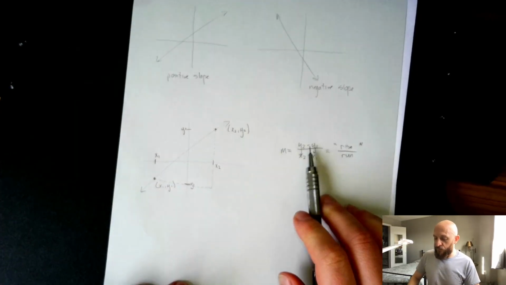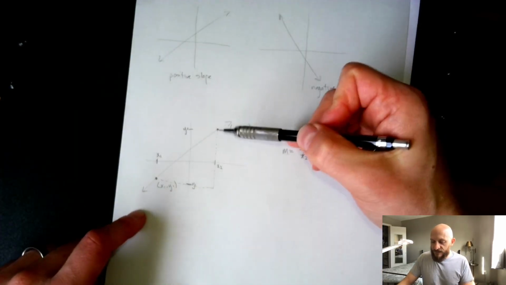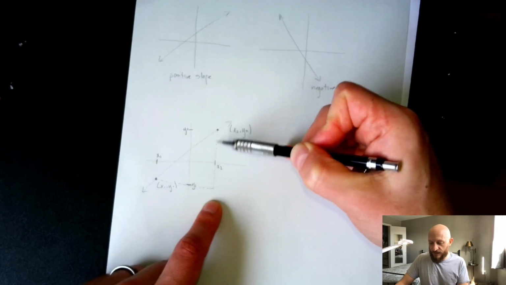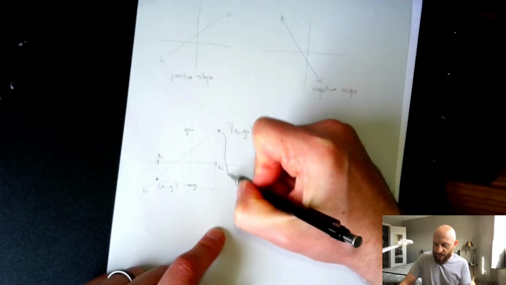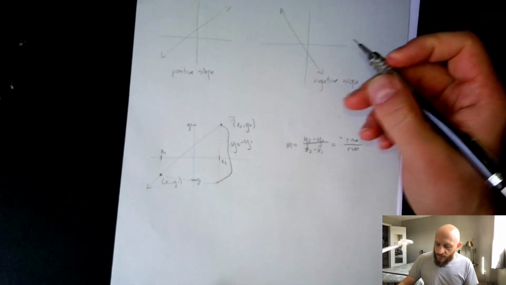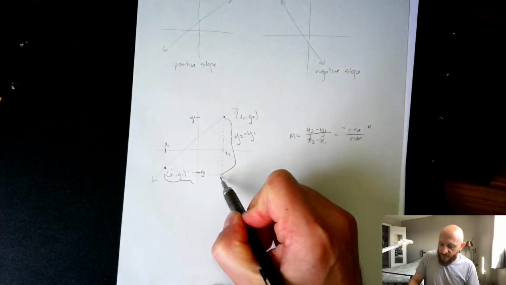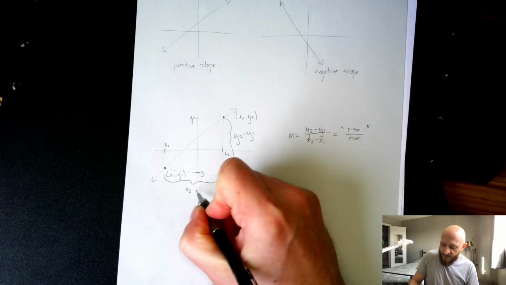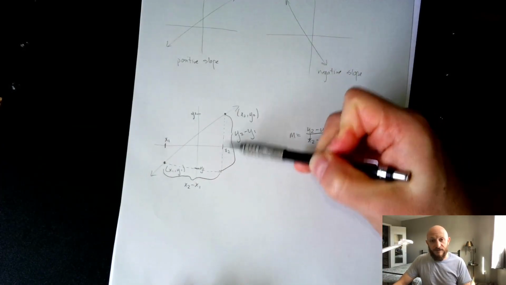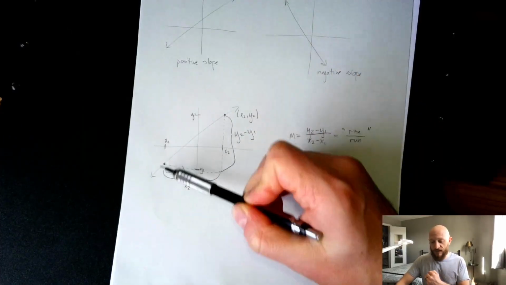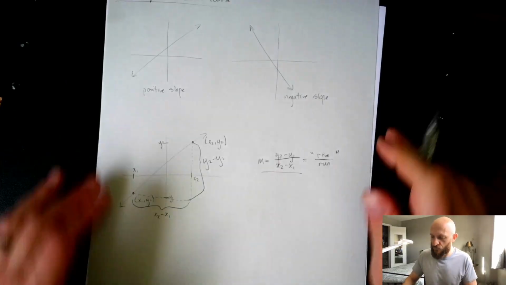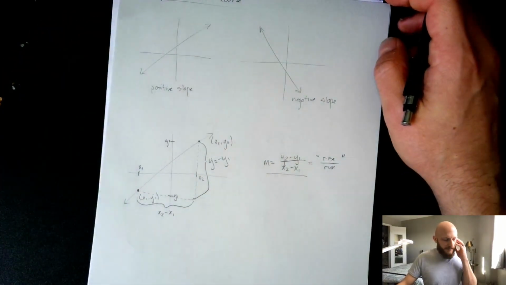So this y2 minus y1 is the vertical difference between these 2 points. Right here, this line has a length of y2 minus y1. And then the horizontal distance is a difference of the x values, x2 minus x1. So we're asking, what is the ratio of the vertical translation divided by the horizontal translation? That's what this slope is saying, geometrically, I guess.